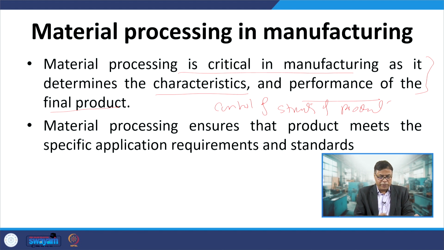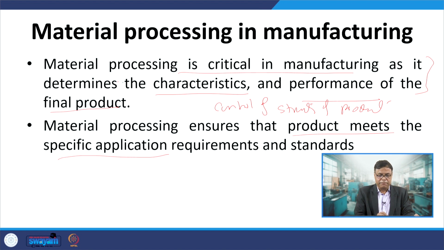Okay. So, when material processing is done by controlling the desired structure and properties of the product, the product meets the specification and the standard requirements related to the particular application.